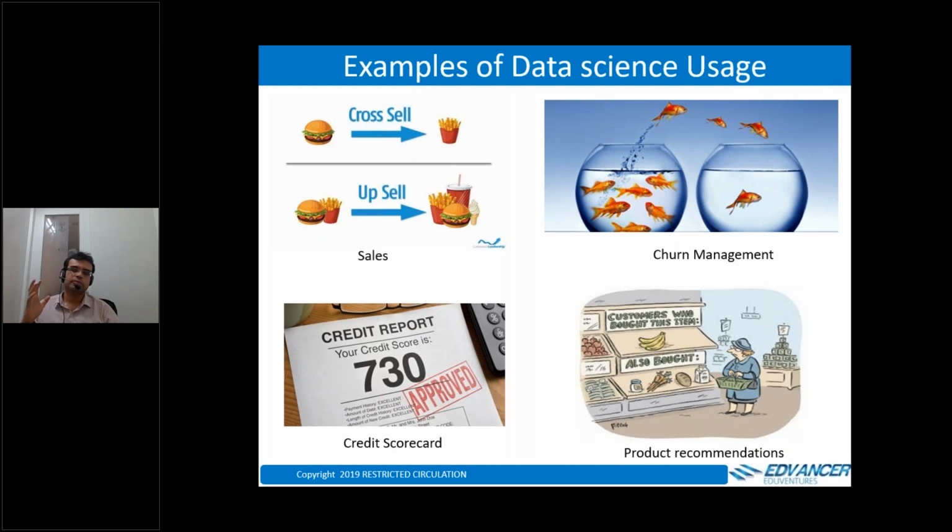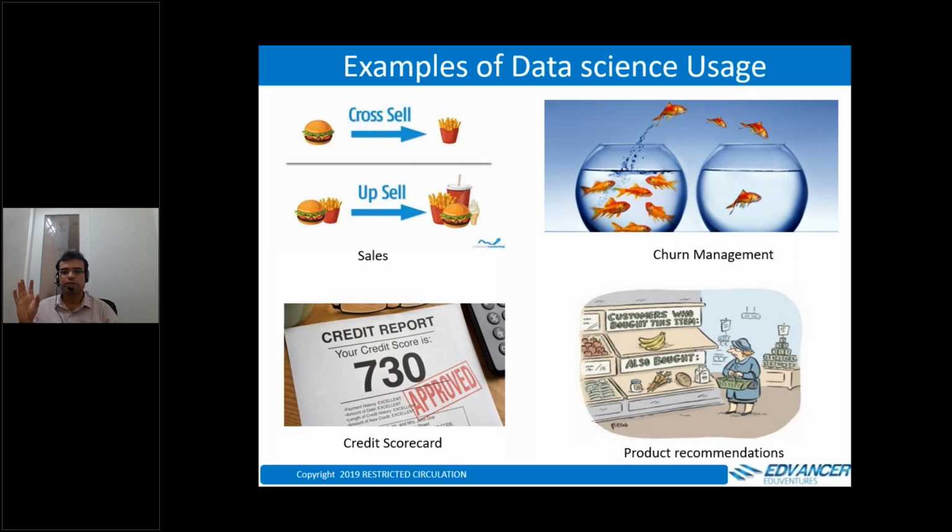Now think about this. A telecom company has hundreds of millions of customers, a company like Airtel or Jio. Each and everything that you do with that company is actually captured as a data point with them.